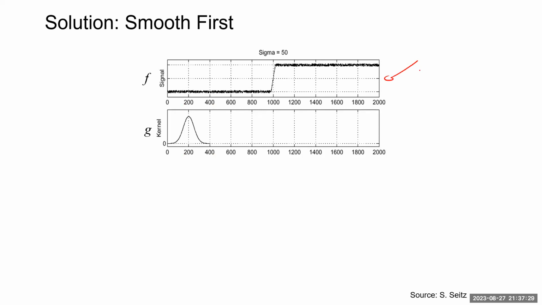We get the image, and then we apply a smoothing kernel. In this case, it's Gaussian.